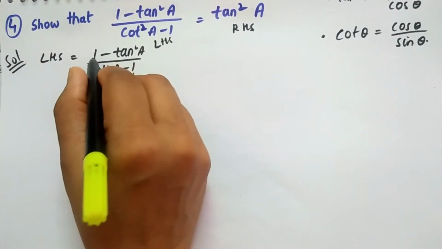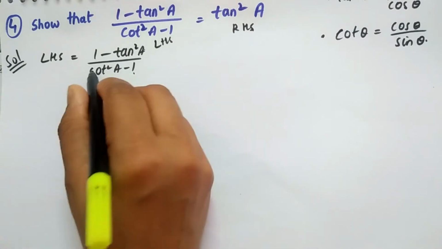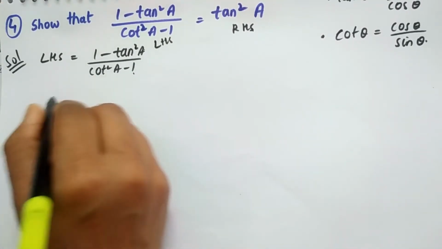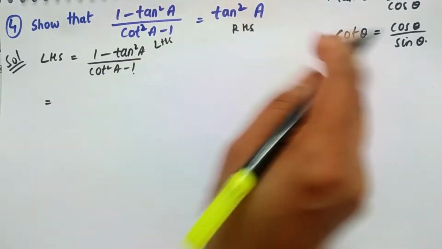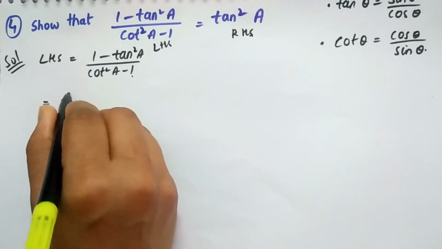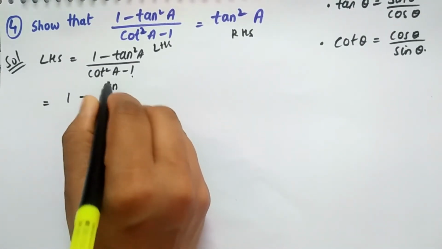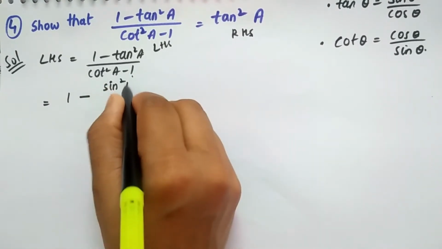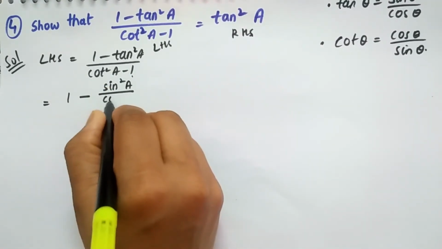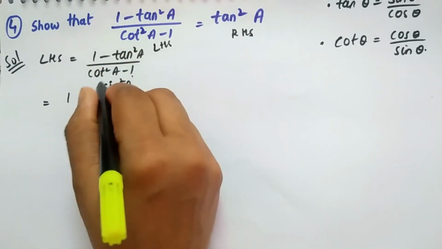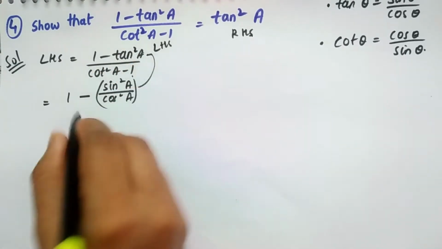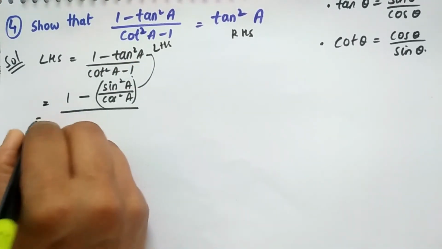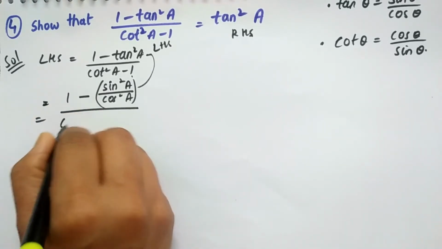Now LHS is given as 1 minus tan square a by cot square a minus 1. So instead of tan, we are taking sine and cos. Since it's not just tan but a square, we take 1 minus sine square a divided by cos square a, right? This is just the value of tan. Now the whole thing is divided by cot square.